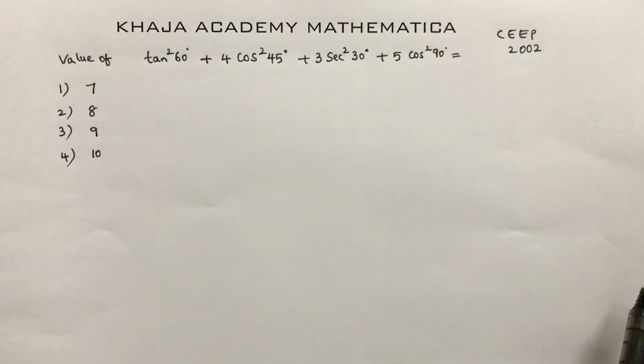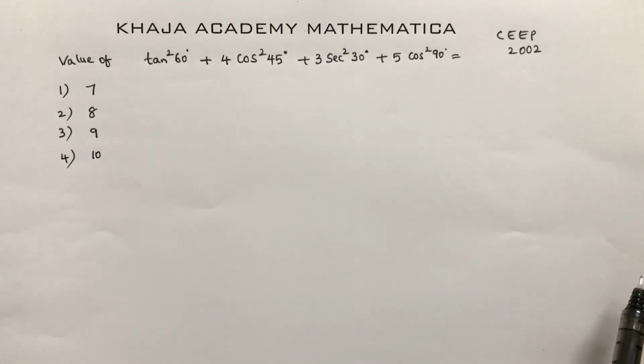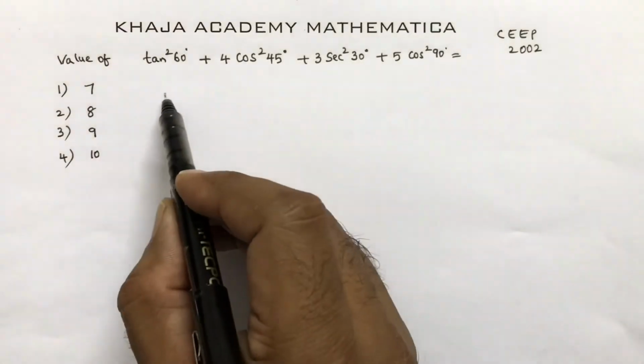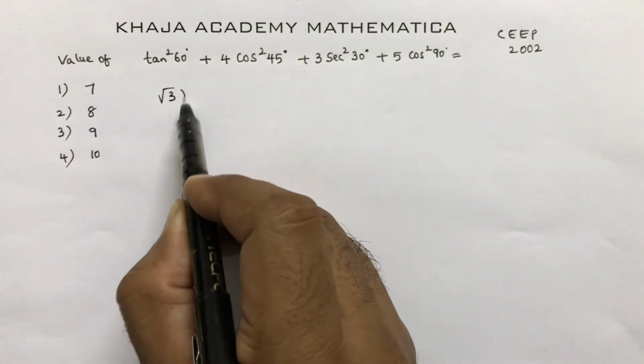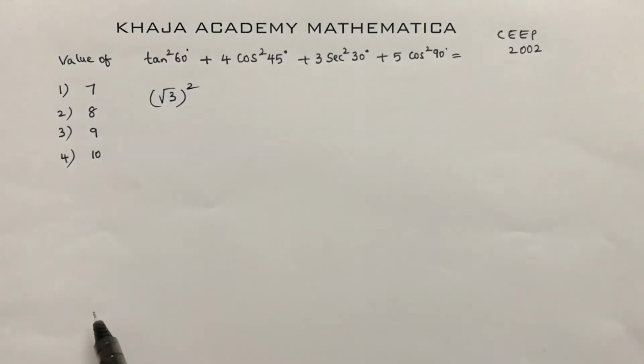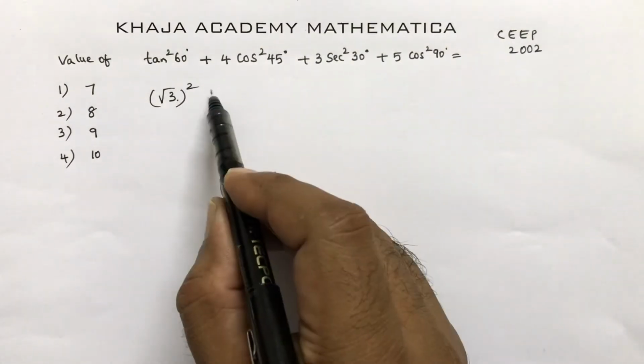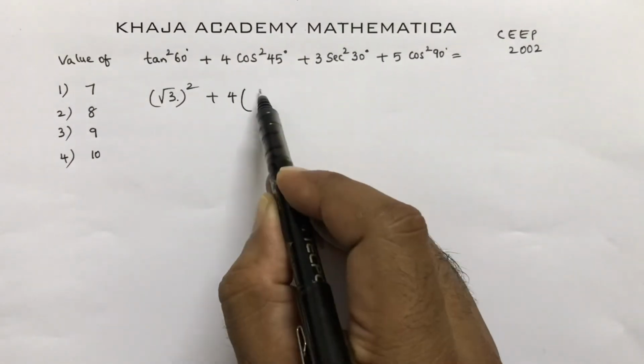The value of tan square 60 plus 4 cos square 45 plus 3 sec square 30 plus 5 cos square 90. Now see, tan 60 value is root 3 whole square, plus 4 cos 45.